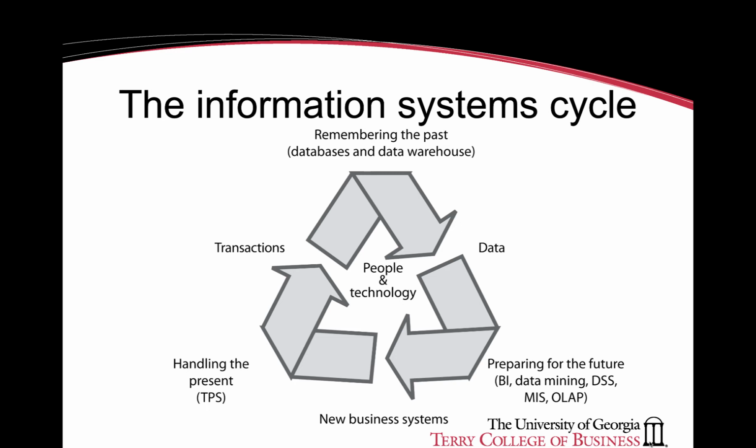Systems that remember the past, or remember the history of the organization, including past decisions and past transactions, are stored in databases and data warehouses, while systems that help decision makers and organizational managers prepare for the future are business intelligence, data mining systems, and a variety of other systems having to do with that.